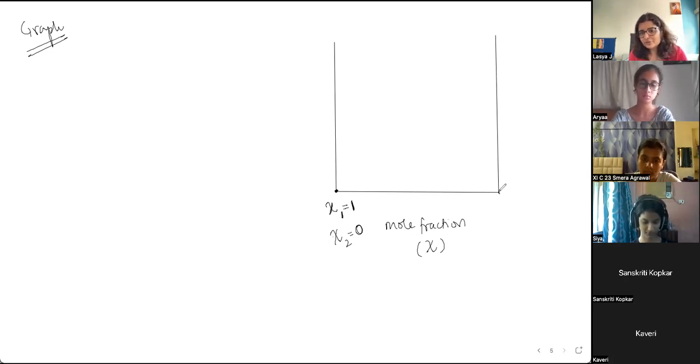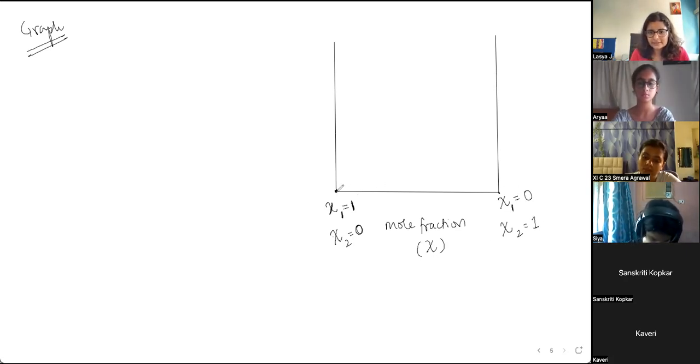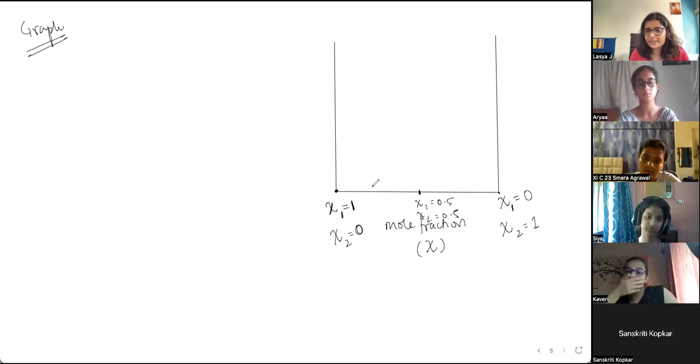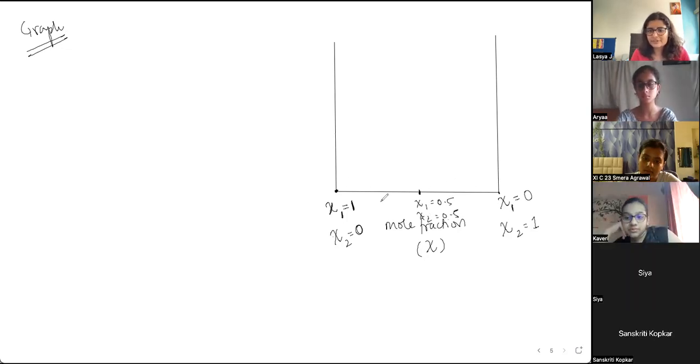At the rightmost point, it's the other way around: 0 of component 1, and we have purely component 2. In the middle, as component 1 decreases, component 2 increases. The halfway point is equal, 0.5 and 0.5. That's how this graph is.